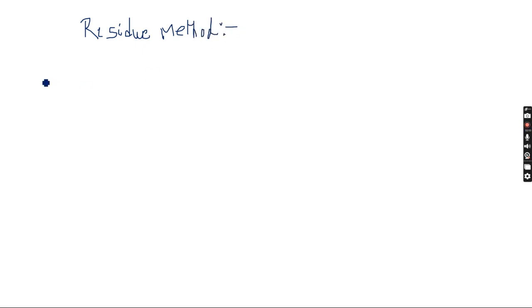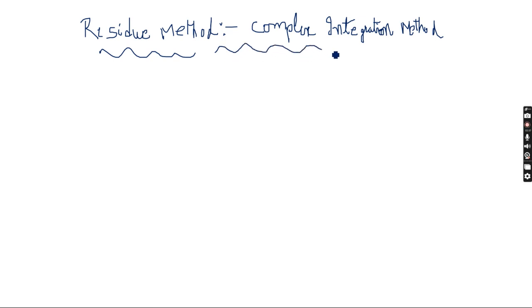So another name for this method is the complex integral method or contour integration method. Okay. So this is today's topic.